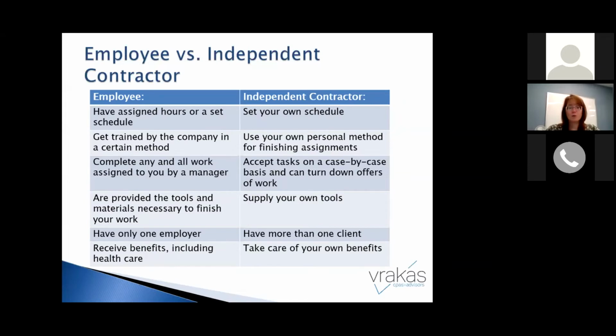Are you providing the tools? Are you providing the hours, or the place that they can do it at? Those are the questions that have to be asked. And then you have to document it. And then I would suggest if they are an independent contractor, they invoice you, they provide a business card, you keep that in the file with all the information so that you have that backup information.